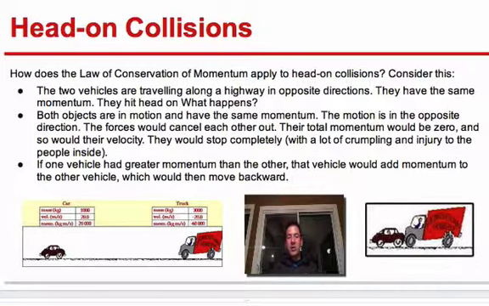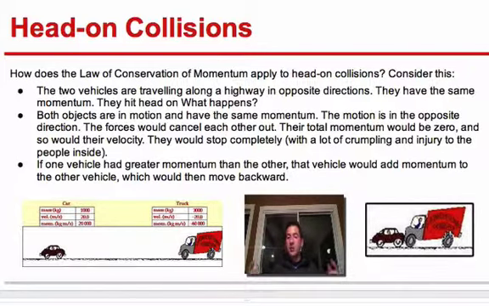So in head-on collisions, if I turn those vehicles around so they're coming at each other, we want to think about how the law of conservation of momentum applies. Consider this: two vehicles are traveling on a highway in opposite directions. They have the same momentum and they hit head on. What happens?